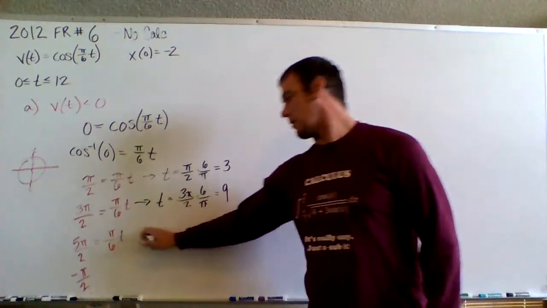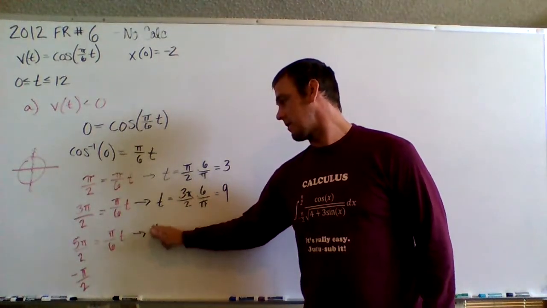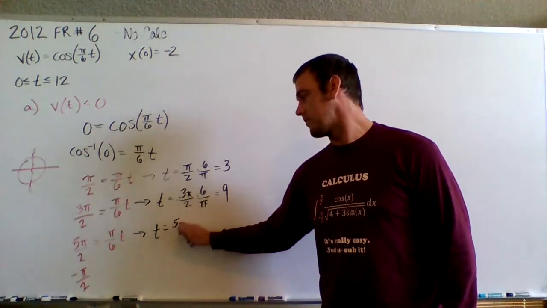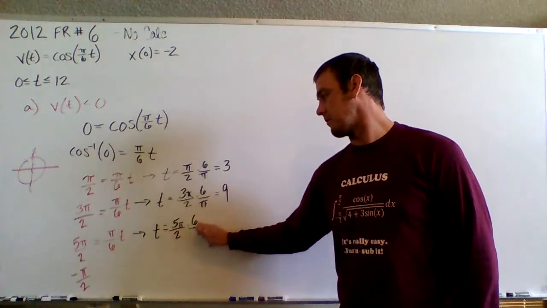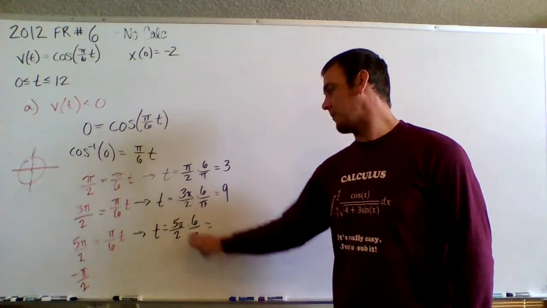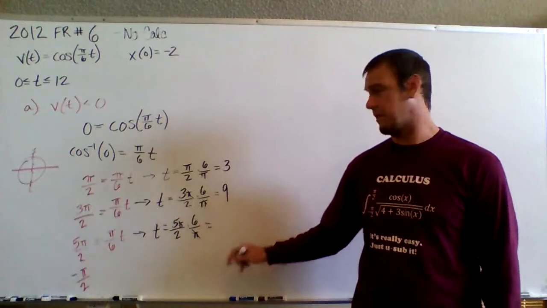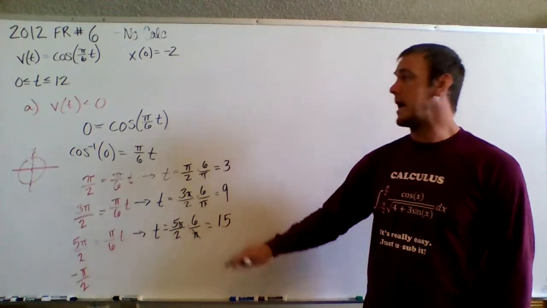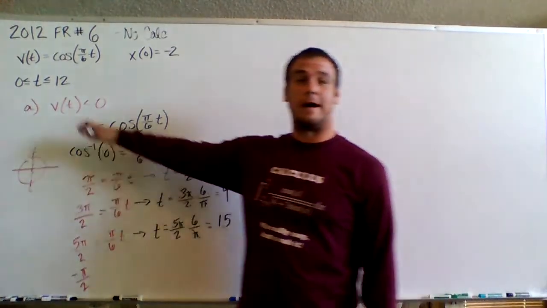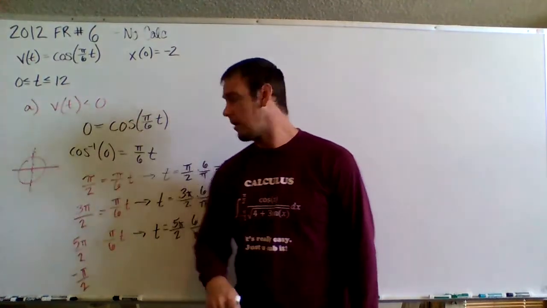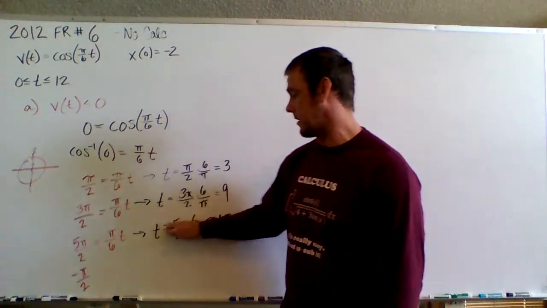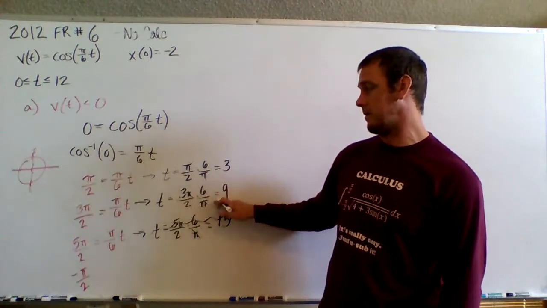We'll do it another time down here. t equals 5 pi over 2 times 6 over pi. My pi's cancel. 6 divided by 2 is 3. 3 times 5 is 15. Understand that is outside of my boundary from 0 to 12, so we don't really care about that, but I have gone far enough.